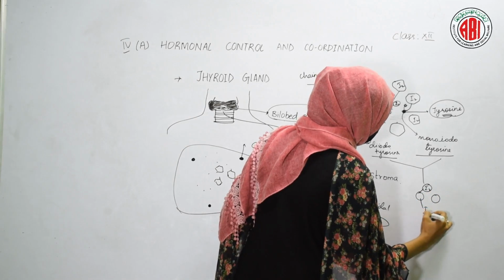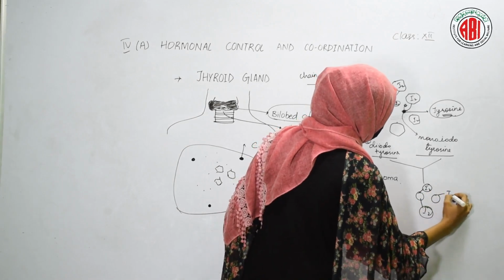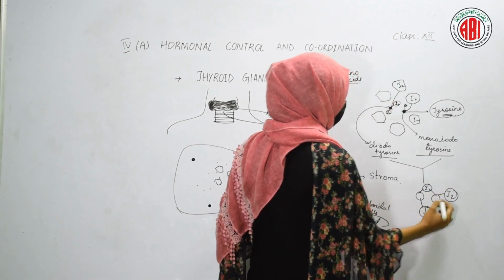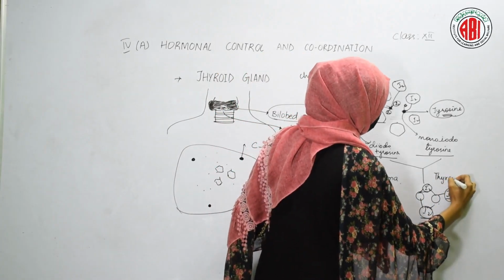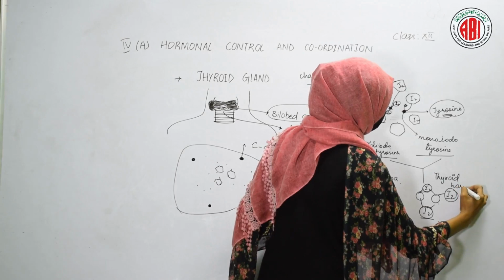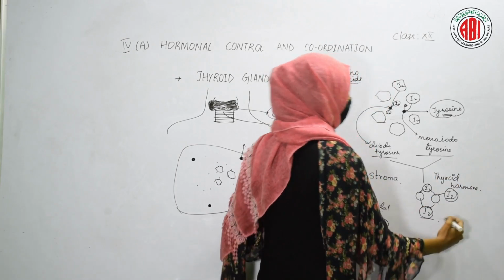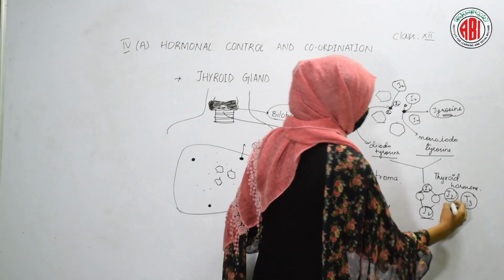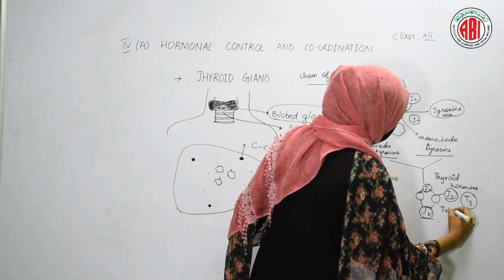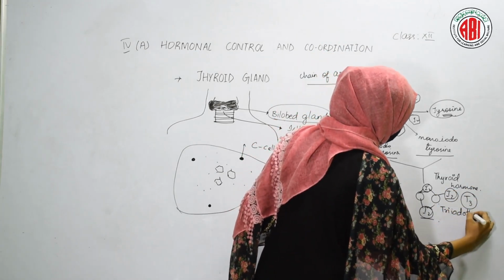Here 2 iodines are present, and on this tyrosine 1 iodine is present. If they combine, then it forms a hormone that is called thyroid hormone. Thyroid hormone can also be termed T3, and we can also name it triiodothyronine.